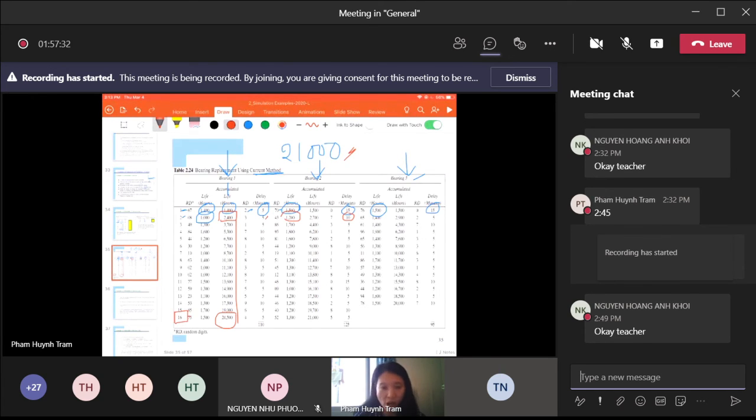We also stop the simulation for bearing number two around 21,000 hours, and we see that we also have to use 16 bearings for bearing two.